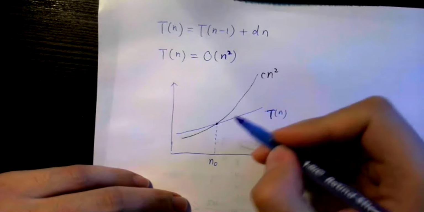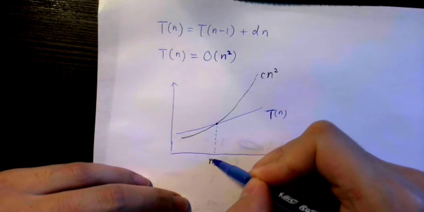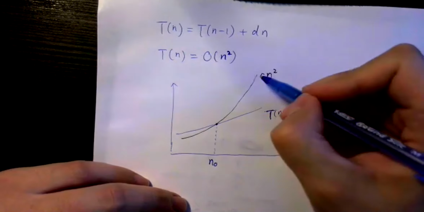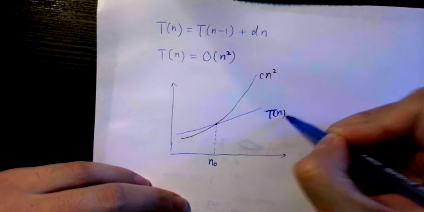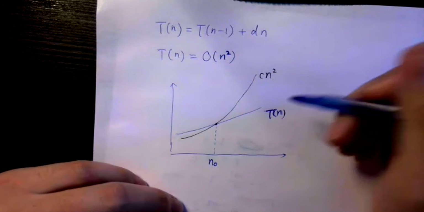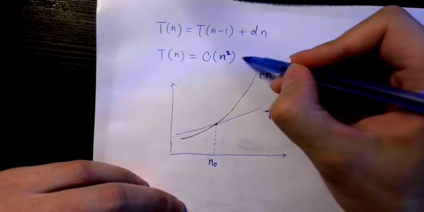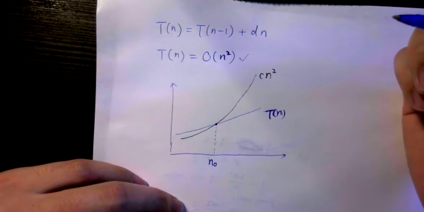When n is to the right of n0, if we can always show that T(n) is bounded by this c times n squared, then we are basically done with the proof of this big O notation.